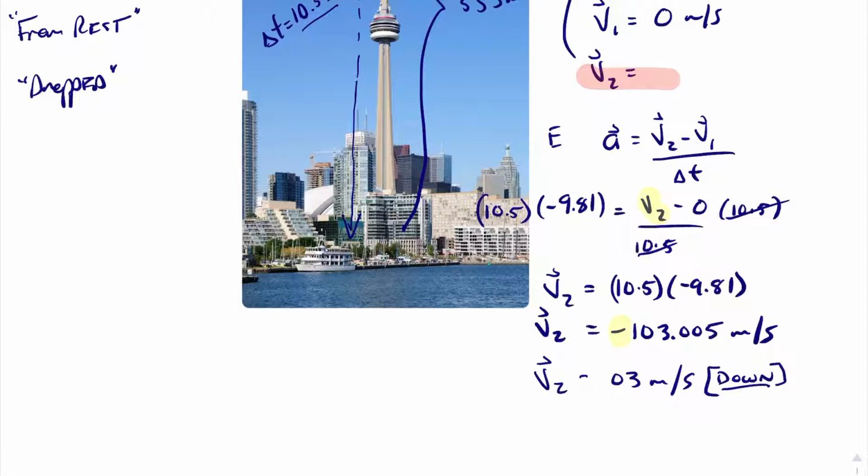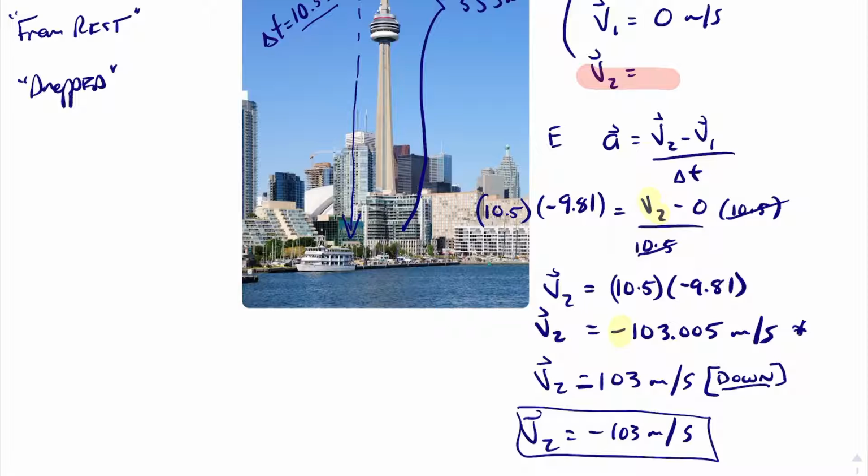But when I first wrote the number up here, I didn't have a direction, but I did have the negative sign. The negative sign is in place of a direction. So you could say v2 equals negative 103 meters per second, or you could say 103 meters per second down.